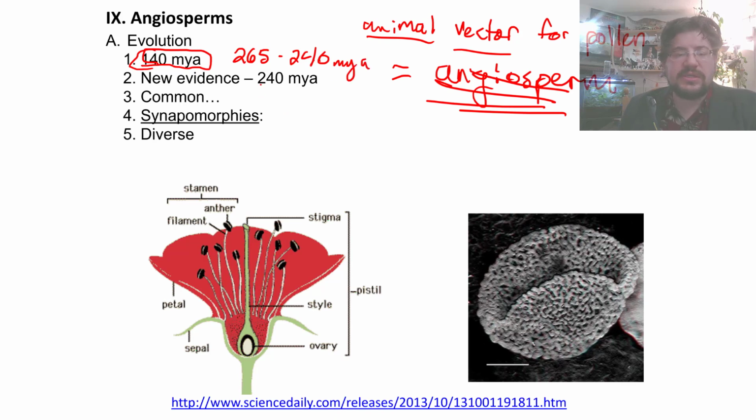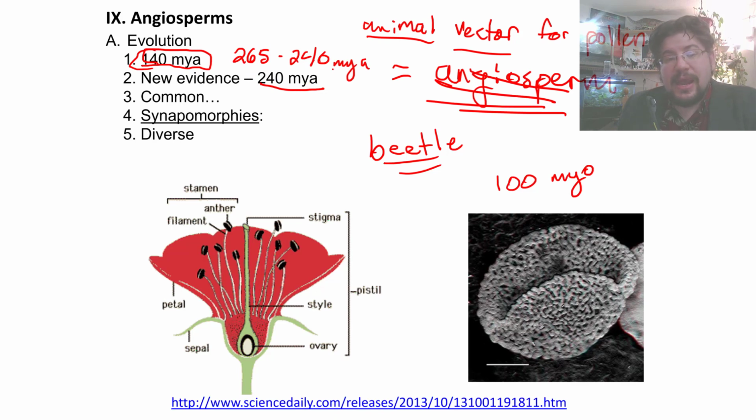So this is the oldest known evidence of angiosperm pollen in the fossil record. It's thought that the animal vector was likely a beetle, not a bee. This is because bees are about 100 million years old, and this pollen is around 240 million years old.